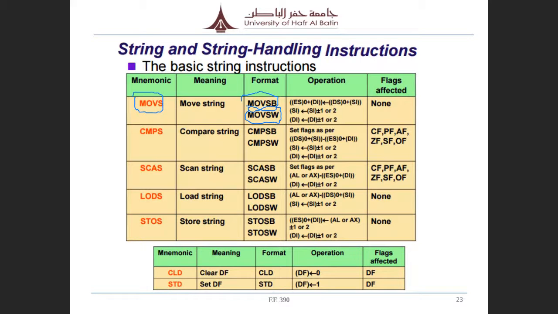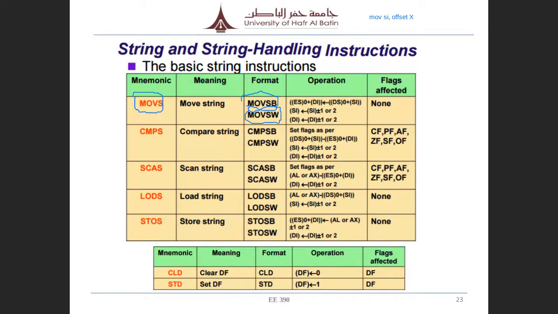If you can remember, let me write it. For example, MOV SI, OFFSET X. This is, for example, the old data location.